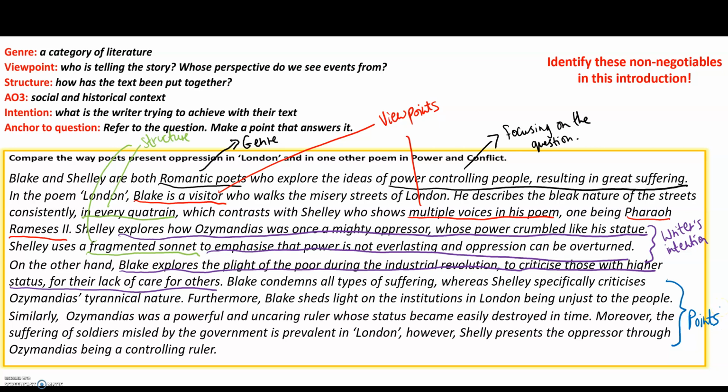Now, if you're wondering about where the AO3 is, I've actually merged it with some of these sentences. Okay, so I want you to think about where is the AO3. I'm just going to give you a moment just to look for it yourselves before I do it. So I'm going to give you just a minute to go through it yourselves.